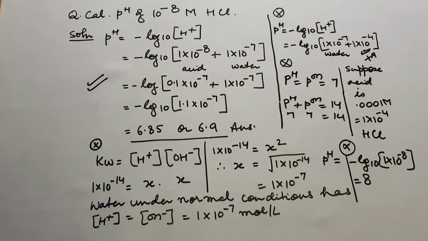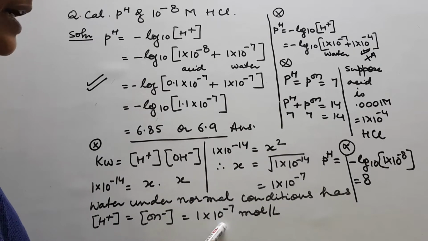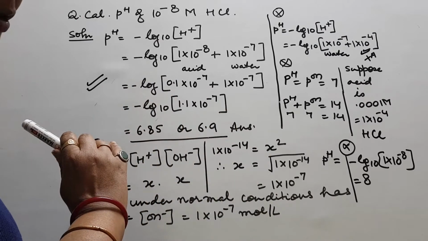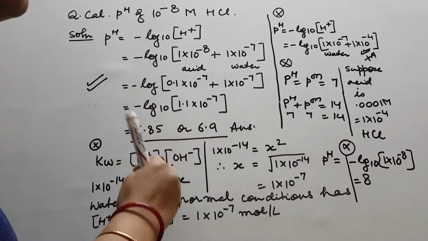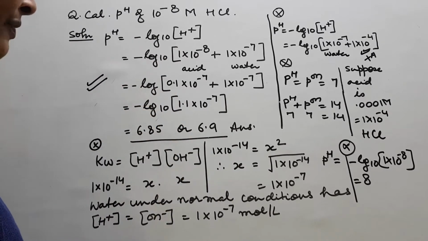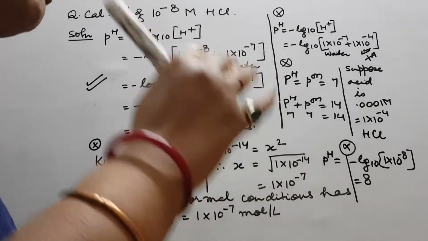So water, we have seen, under normal conditions always gives us 1 into 10 to the power minus 7 moles per liter of H plus. So this we should use while calculating pH. Similarly, OH minus will also be the same, that we should use while calculating pOH.